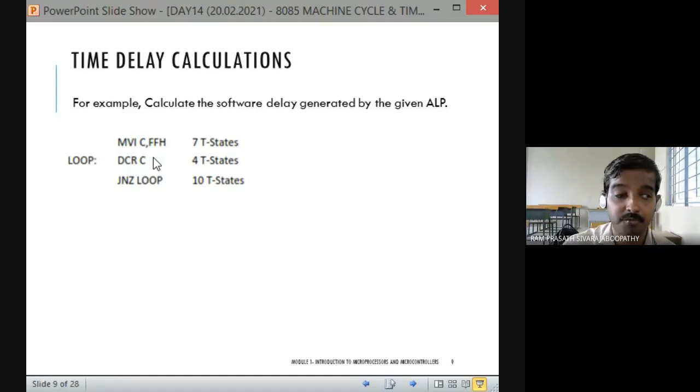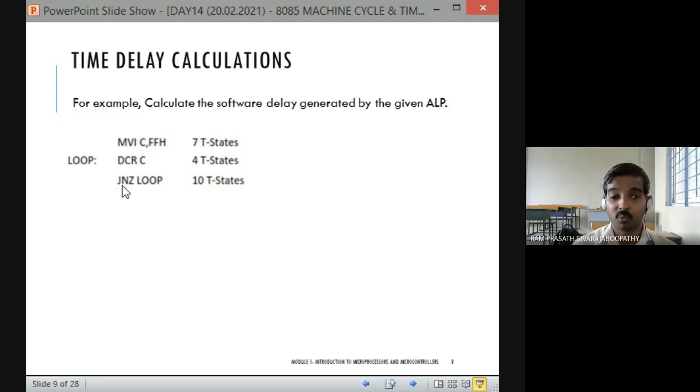DCR C: only opcode fetch. JNZ loop, how does it come? For reading the JNZ opcode it takes 1 machine cycle, the opcode fetch machine cycle, that is 4 T states. Then the address where it has to jump is read from memory only, lower byte, higher byte, 2 memory read cycles. Fine.